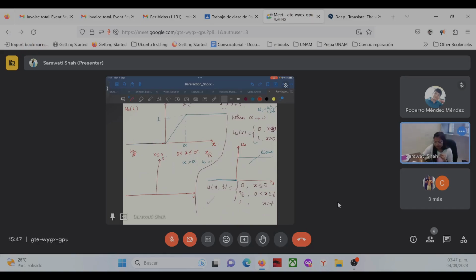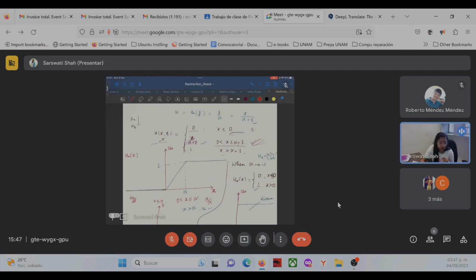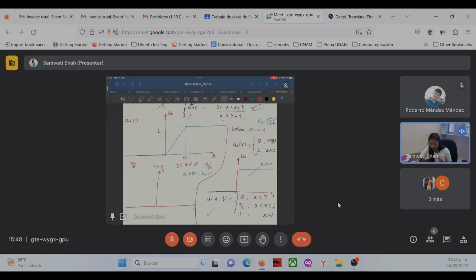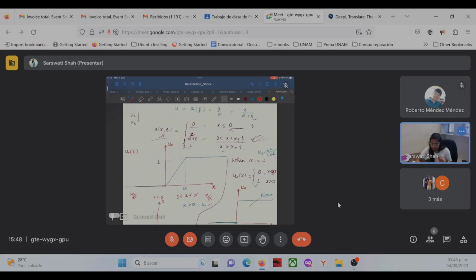Now tell me, at x less than or equal to 0, what is your solution? 0. u equals 0. So here dx over dt equals u, and this is 0. At what angle is tan infinite?